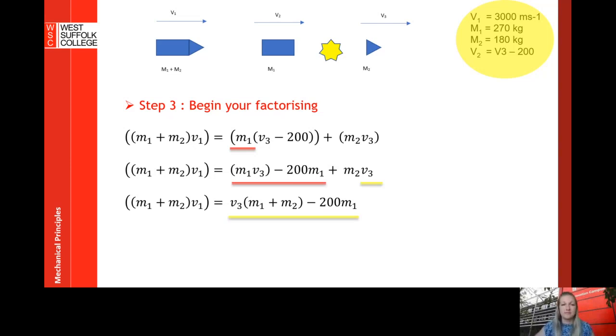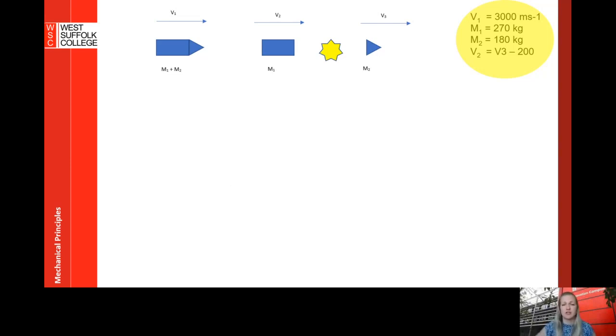So we can see here that we have our common factor of V3 times M1 plus M2 because they're added together, and then we have still got our minus 200 M1, but it is out on its own at the moment. Okay, so we've got our final equation that we can then use in the next part of this section.